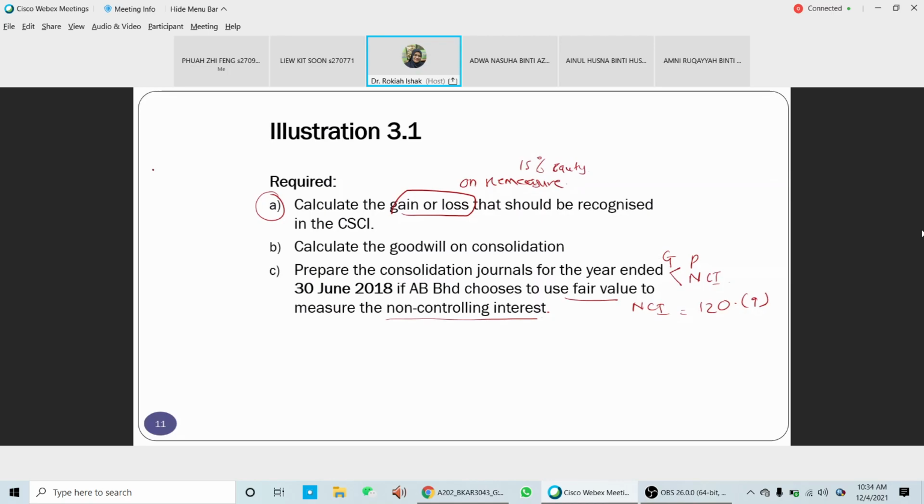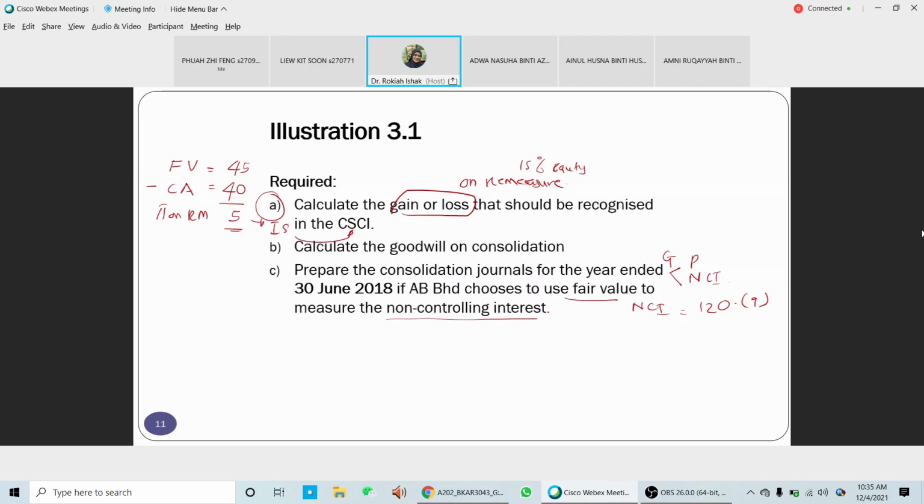The formula for gain or loss is the difference between fair value minus the carrying amount. The fair value is already given at 45, and the carrying amount here is 40. So you're going to have 5 here, which is considered a gain on remeasurement. This gain shall be transferred to your income statement or statement of comprehensive income.